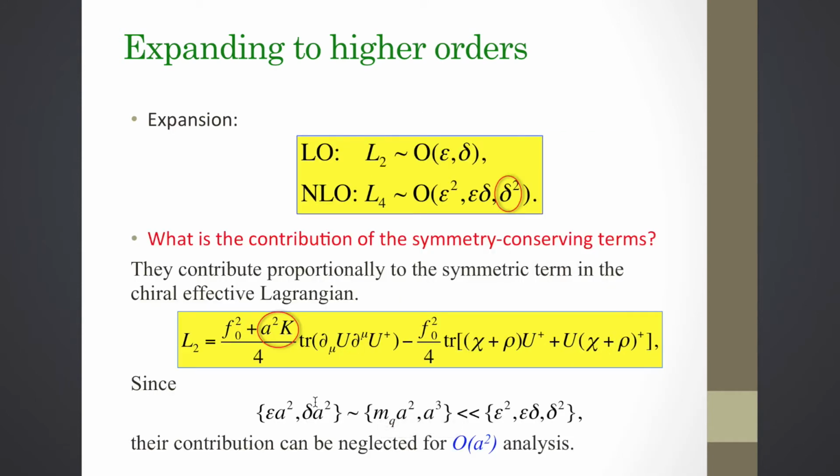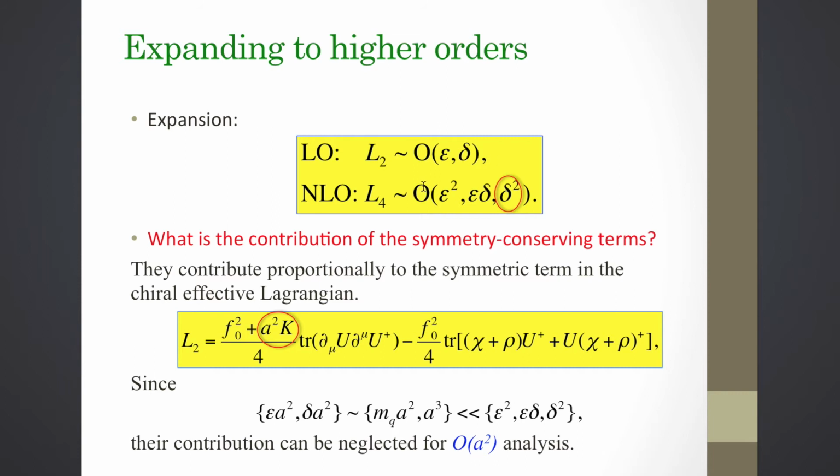For these chiral symmetry breaking terms, we can use a spurion analysis to incorporate them into the chiral effective expansions. And the difference from the order a WChPT is that for the next to leading order, we have to expand to order delta squared. Then the question is, what is the contribution from the symmetry conserving terms? The symmetry conserving terms will only contribute proportionally to the symmetric term in the chiral effective Lagrangian.